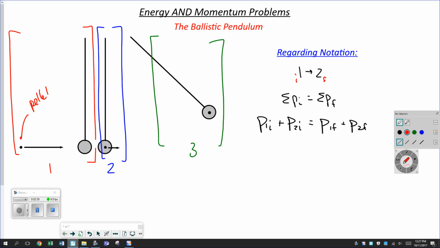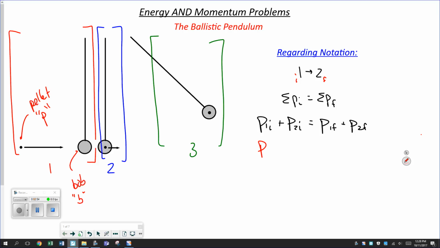This is the pellet in one of our questions, so I'll call it P, and this is the bob, so I'll call it B. So the momentum of the pellet at instant 1 plus the momentum of the bob at instant 1 is equal to the momentum of the pellet at instant 2 plus the momentum of the bob at instant 2.